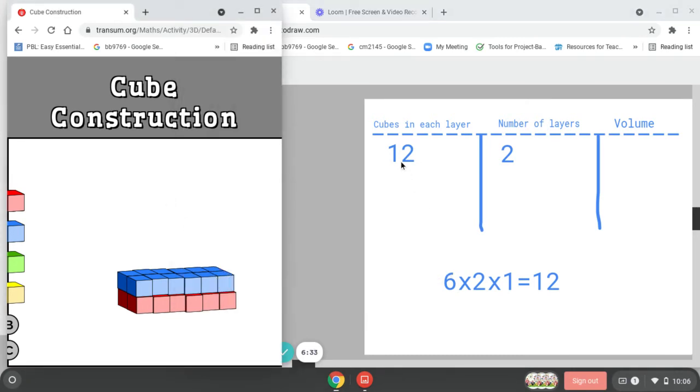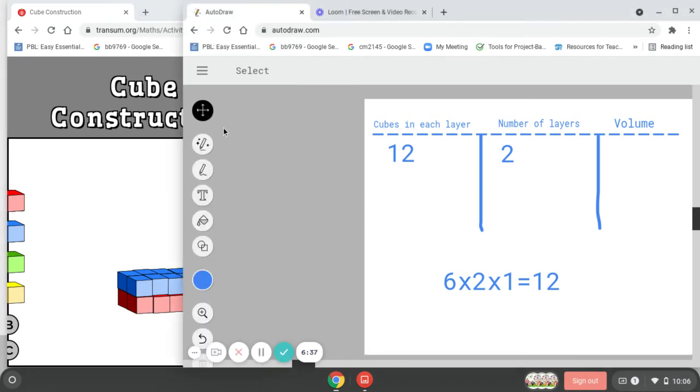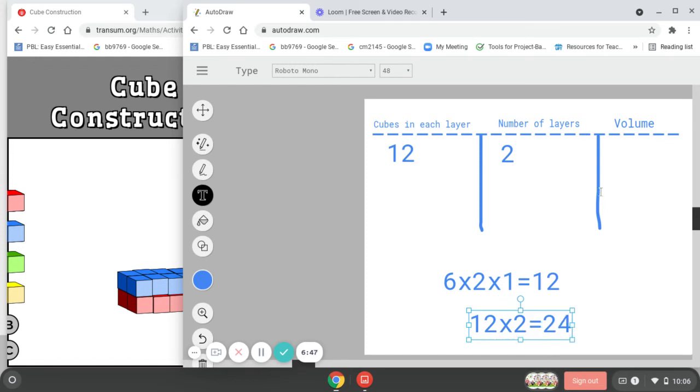If we have 12 in one layer and there are 2 layers, all we have to do is 12 times 2, which is equal to 24. So therefore, our volume is 24 cubic inches.